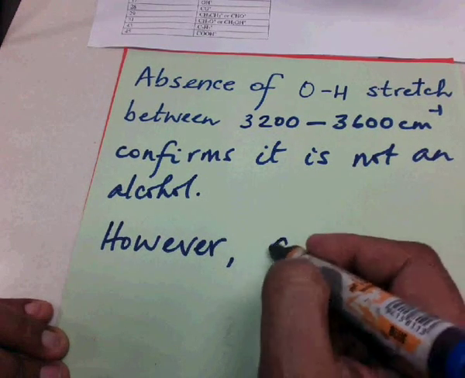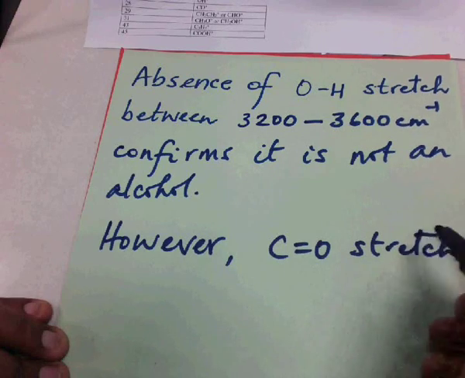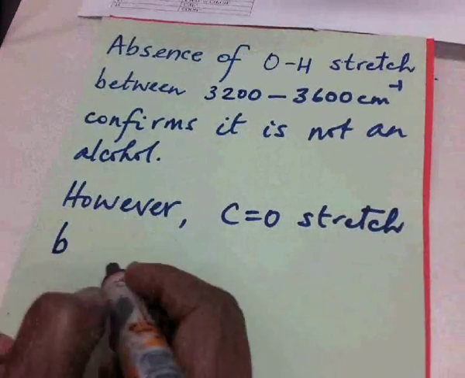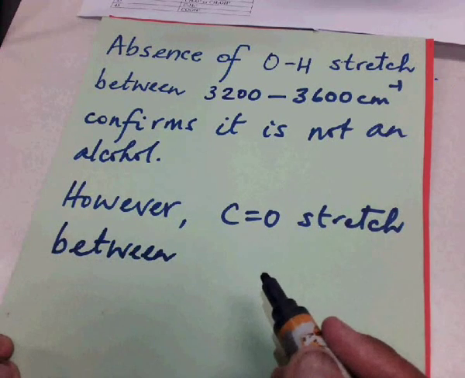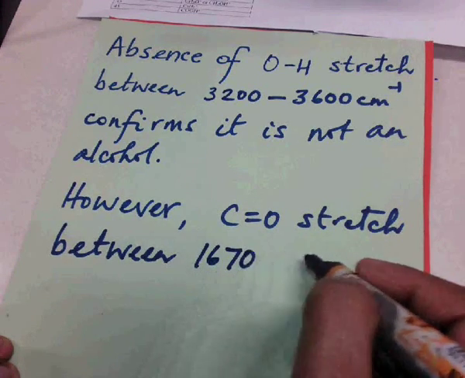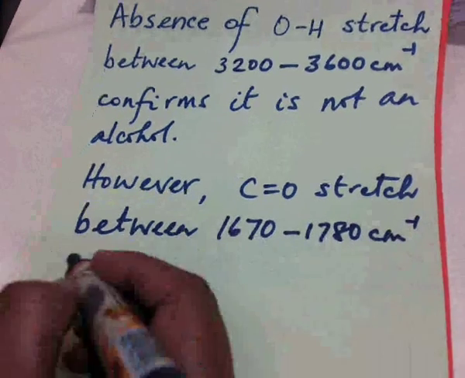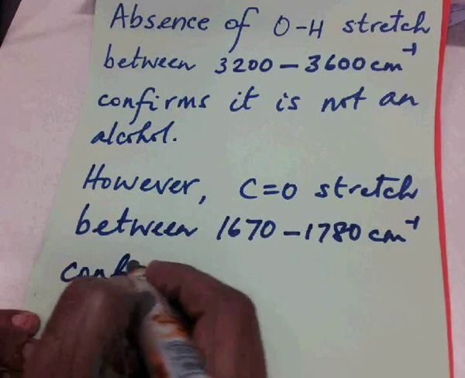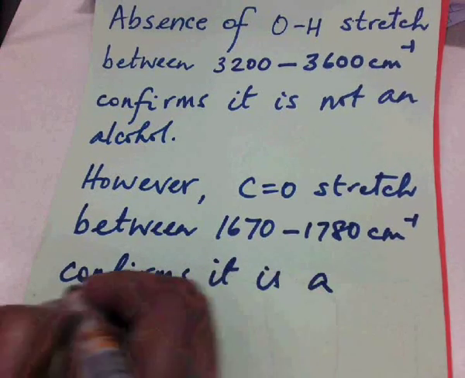The C double bond O stretch between 1670 to 1780 per centimeter confirms it is a ketone.